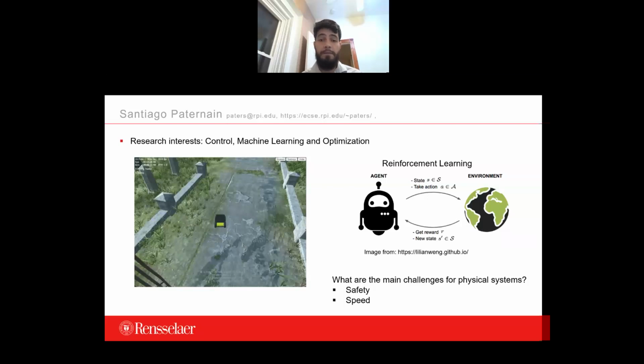Our agent might select a sequence of actions that destroys it, and it doesn't matter too much because we can always reset the system without any actual harm to the system or to people that might be interacting with it. This is definitely not the case in real physical systems, and therefore trying to guarantee the safety of the systems is one of the main challenges that we face.